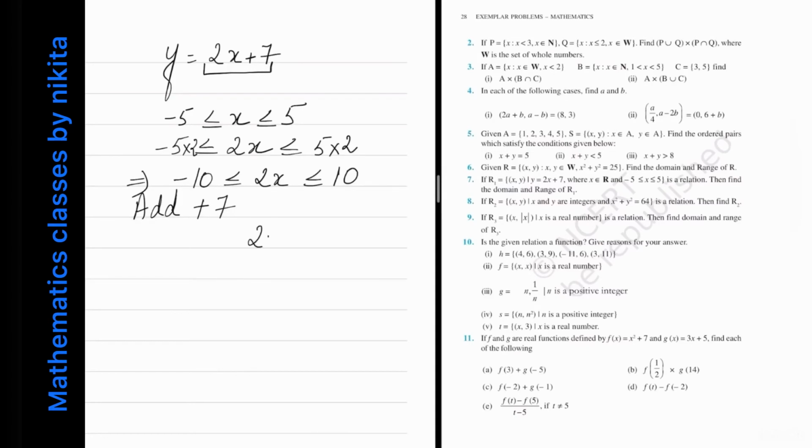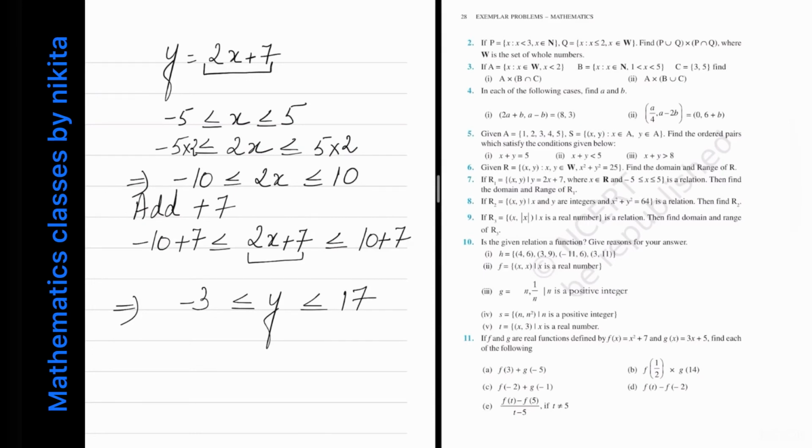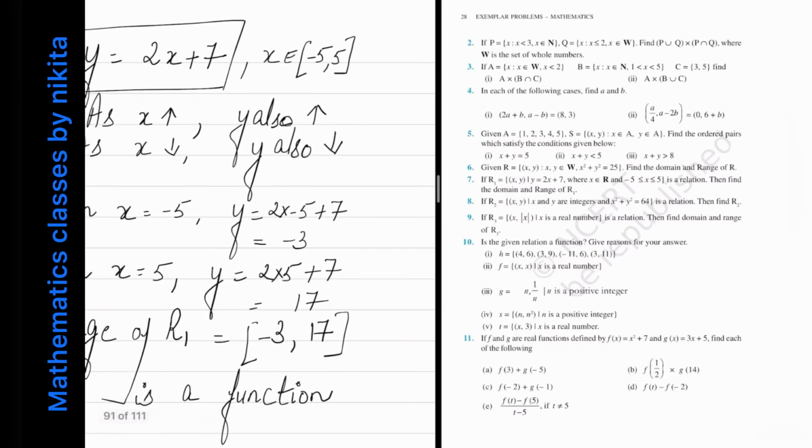I will get 2x plus 7 is less than or equal to 10 plus 7, and this is greater than or equal to -10 plus 7. And this implies that -3 is less than or equal to y, which is less than or equal to 17. So you can see y is lying between -3 and 17, including -3 and 17. So this is how you can also find the range.